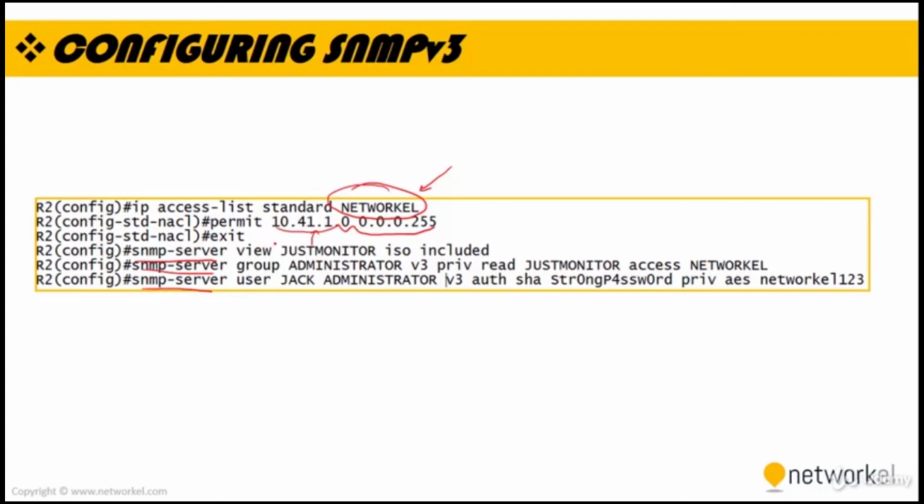SNMP-server view, just monitor, ISO included, and we are defining an administrator group, and we are defining the rights of that group, as you can see in here, and then we are defining a single user in here, as you can see in here.